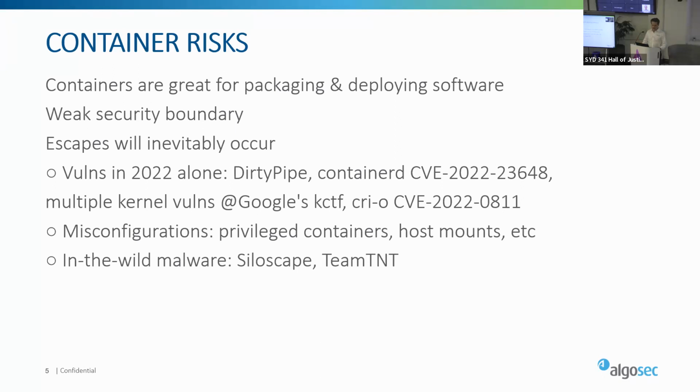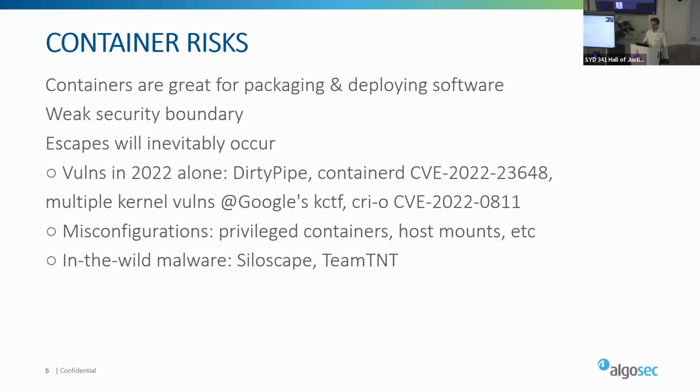So, recent vulnerabilities from 2022, just several names of them: Dirty Pipe, container CVEs, kernel-level ones. There are quite a lot of them, this is just a few. Among those that were exploited, one known example is Siloscape, and Team TNT.